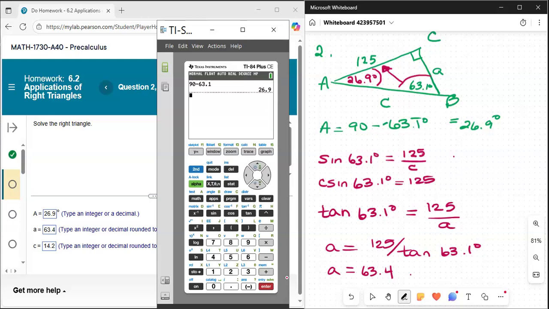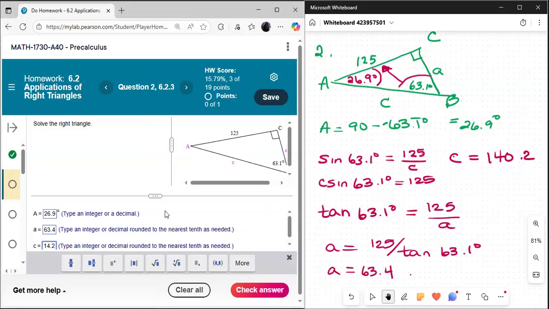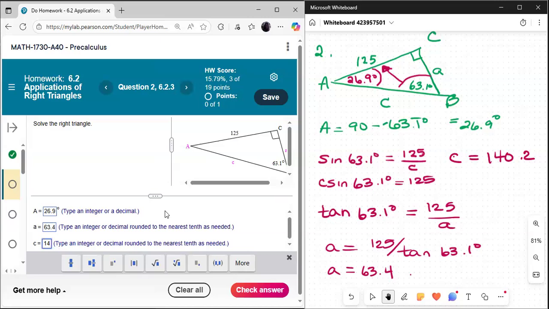The sine of 63.1 is the opposite, 125, over hypotenuse C. So C is 125 divided by the sine of 63.1. And so C is equal to 140.2. Oh, it looks like I had a typo there. It's 140.2.